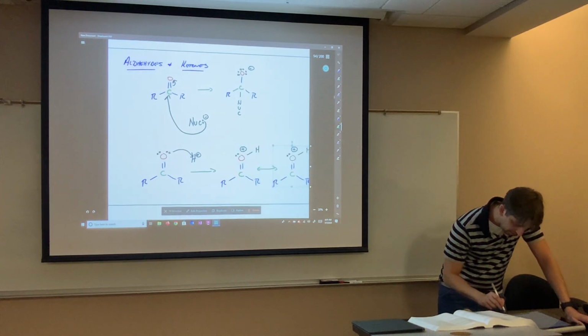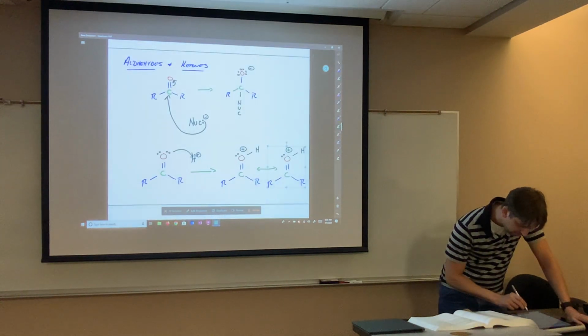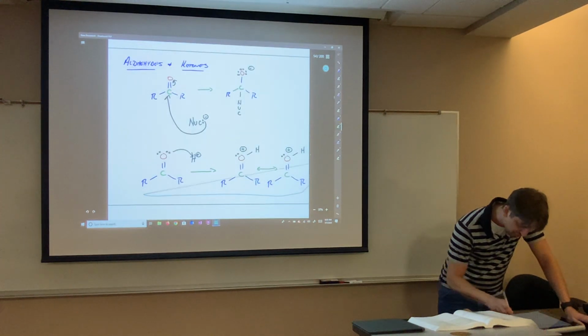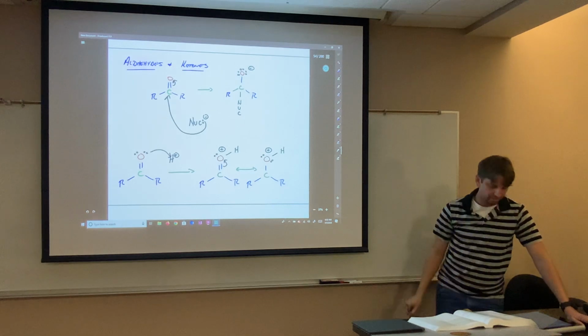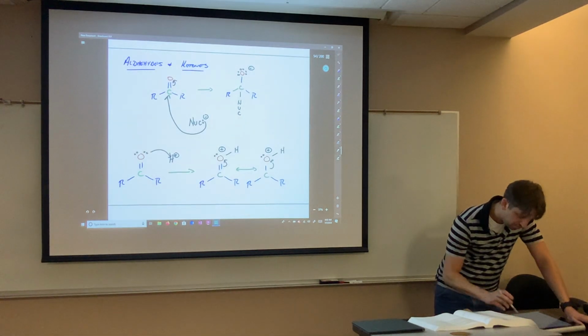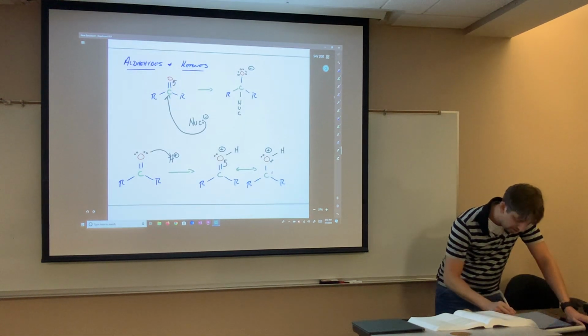Oh no, am I going to run out of room? Yes, I am. Let's do this real quick then, and just shift everything over. Perfect. All right, so resonance structure here. We can push that pi bond into a lone pair, and we can drop, whoops, I forgot the important thing, pardon me.